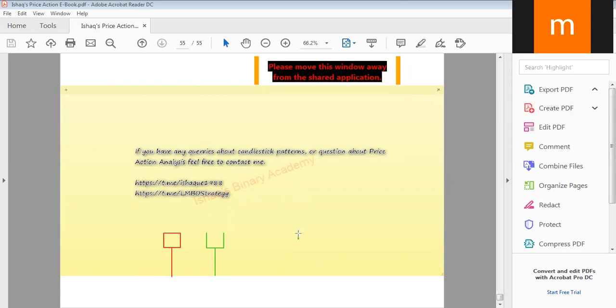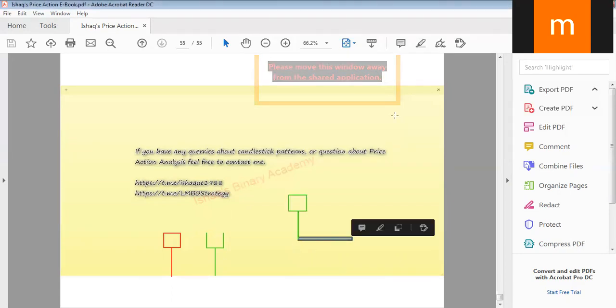We have only 10 minutes, so I will complete it here without going to the live chart. This hammer has one support and resistance right here.